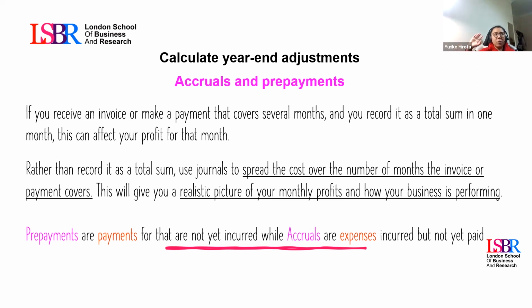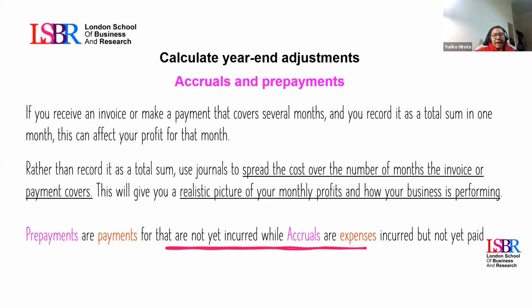But we need to be sure that we are meeting the conditions to divide that whole amount of money across different months or periods. It's not that we can decide because it's more convenient for the company. We need to know if the prepayment or the accrual is ready or accurate to divide it in different months.